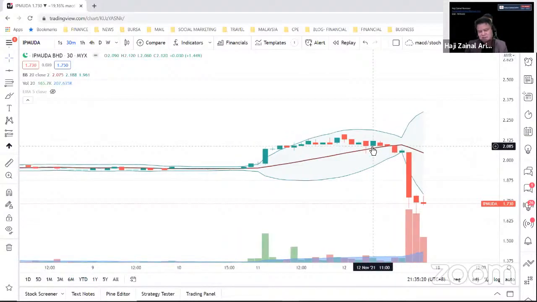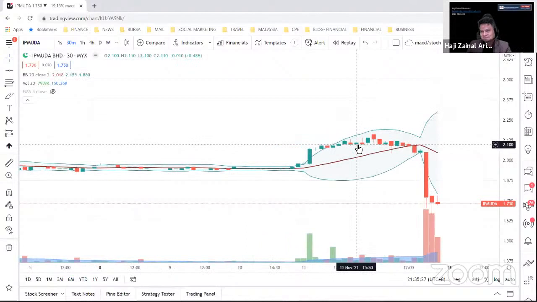So you can still use the Bollinger Band, but of course this one is in a shorter time frame. This is what happened.